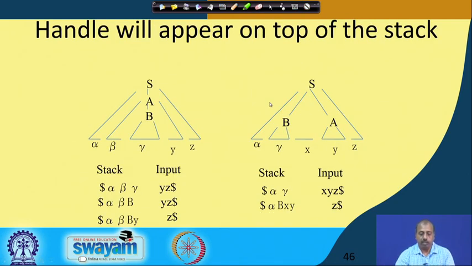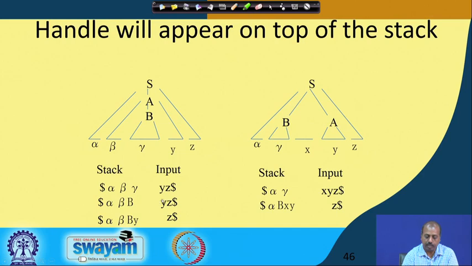Now, a handle will appear on top of the stack. Say this is the input, y z. The stack has alpha, beta, gamma.